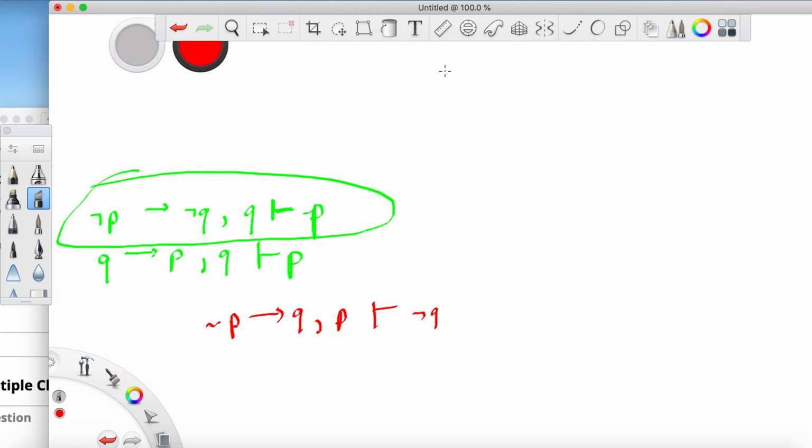How about P is Tim does not exercise. And then Q will be Tim becomes very strong.